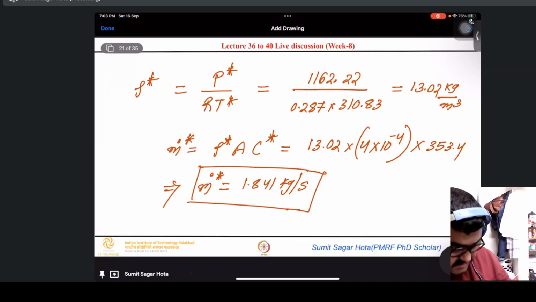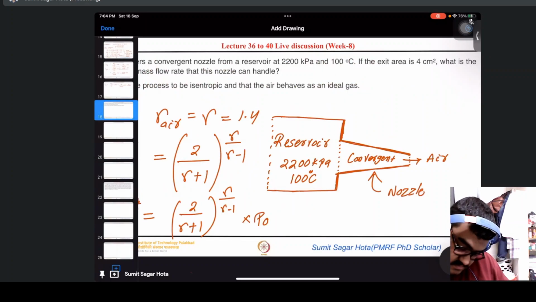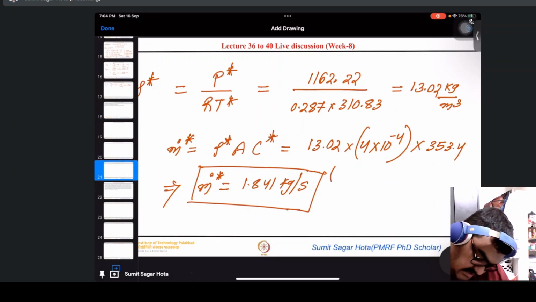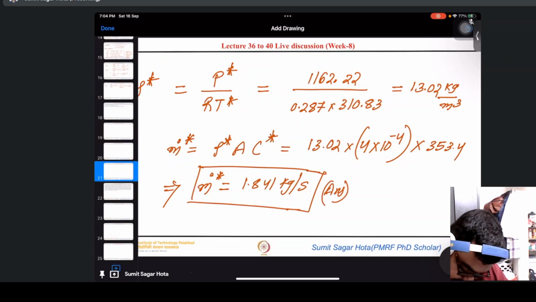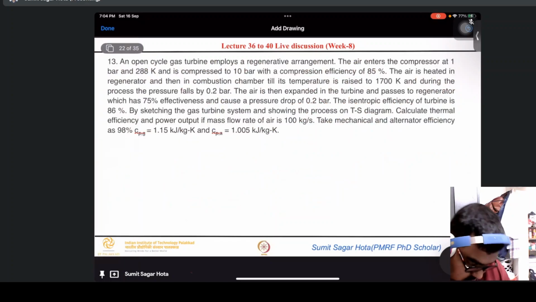So the mass flow rate required is your answer. Next is the long question of gas turbine.